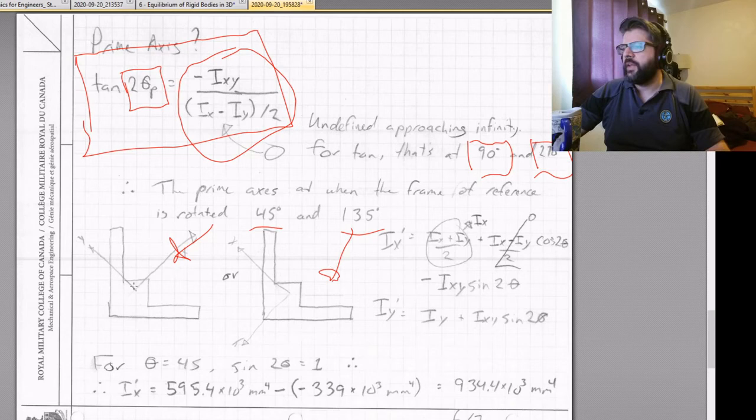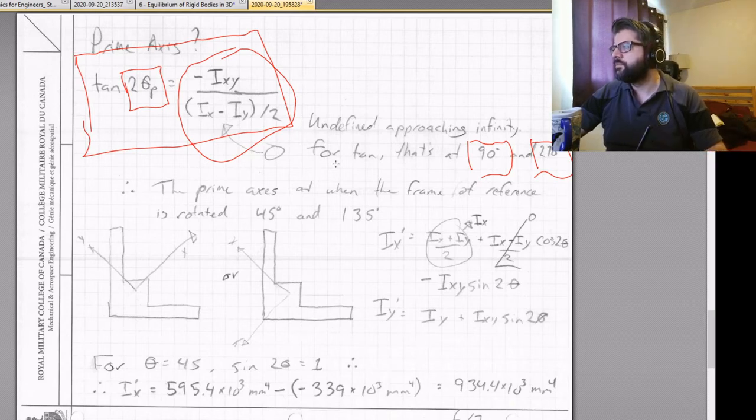That's probably what we expected, right? We are rotating it such that one of our axes, either the x or the y, is going to be the axis of symmetry, because we've only got one axis of symmetry for this particular shape.